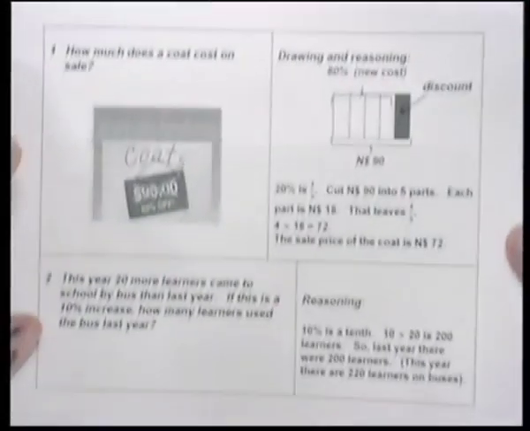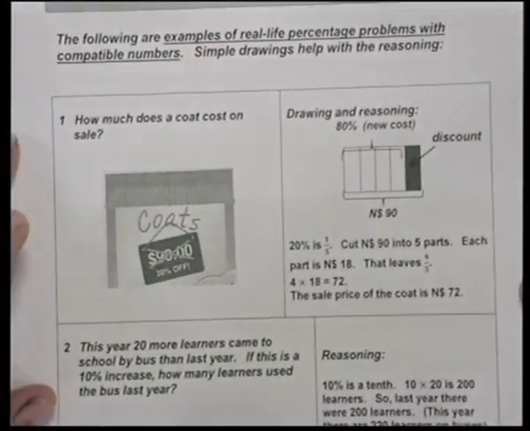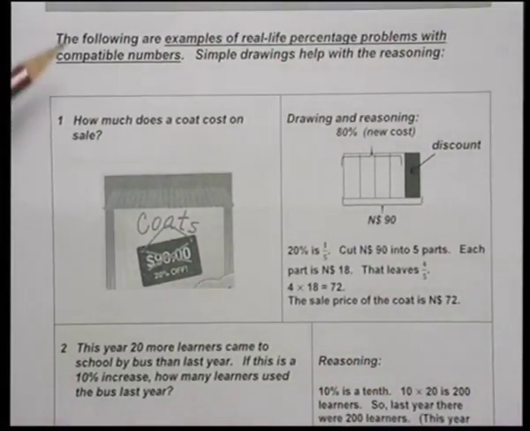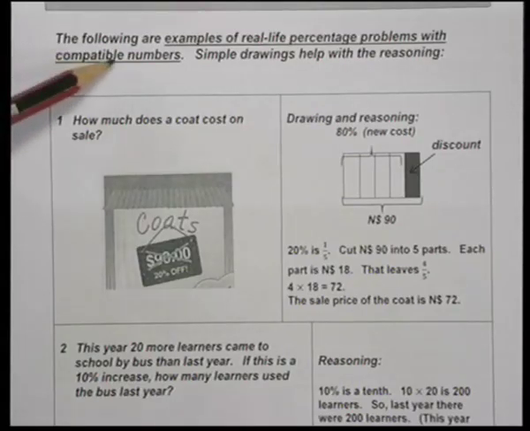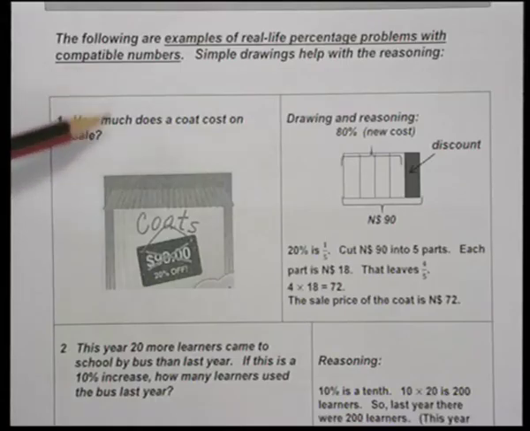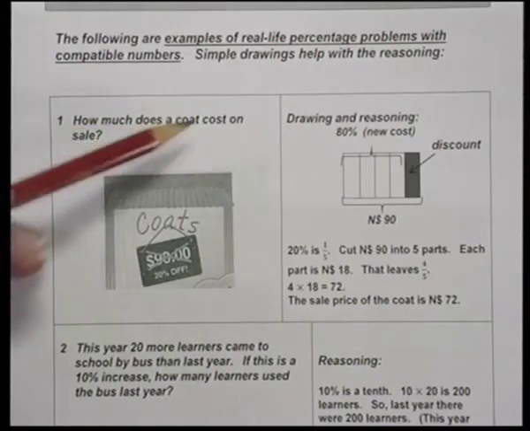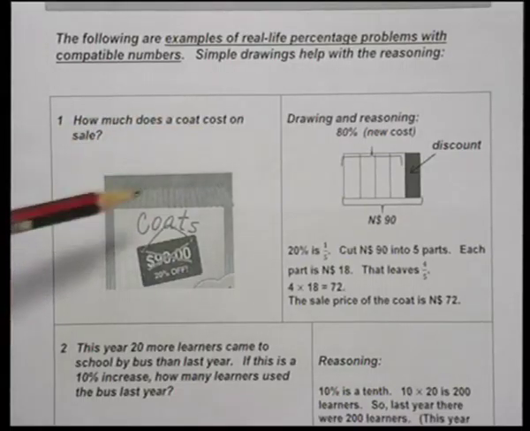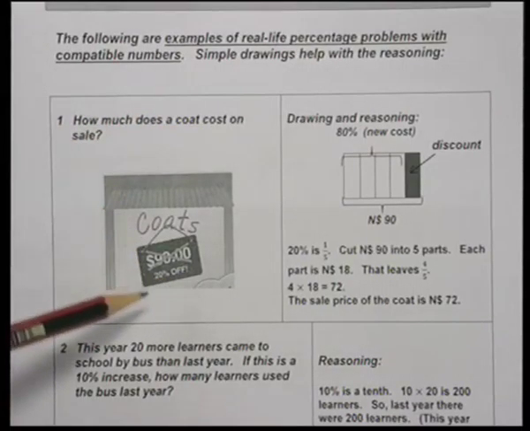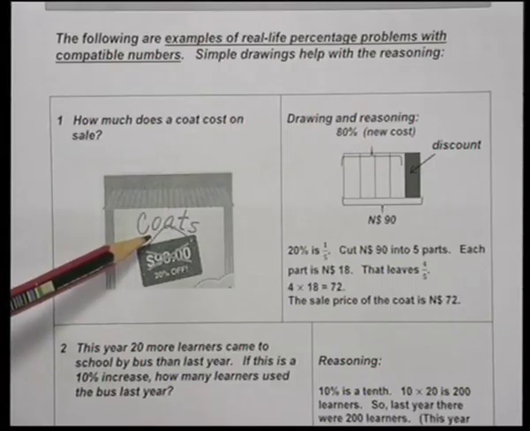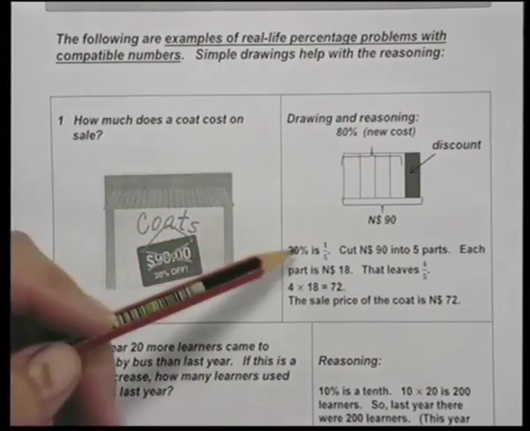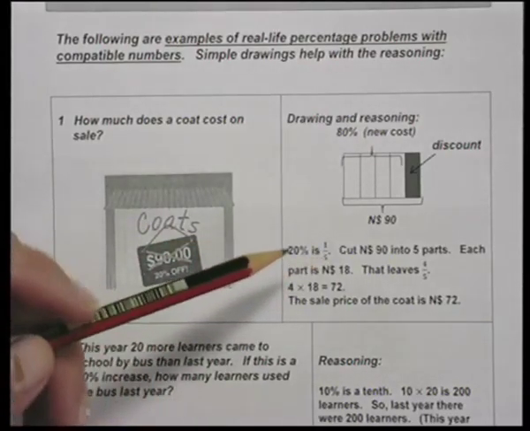Here we see some real life examples. The following are examples of real life percentage problems with compatible numbers. Simple drawings help with the reasoning. How much does a coat cost on sale? It is 20% off the coats. So what is 20%? It is 1/5.